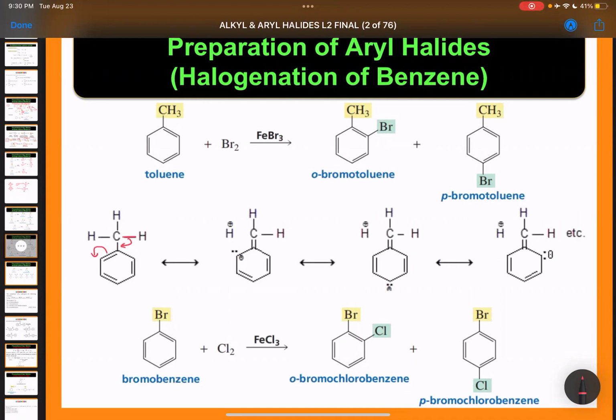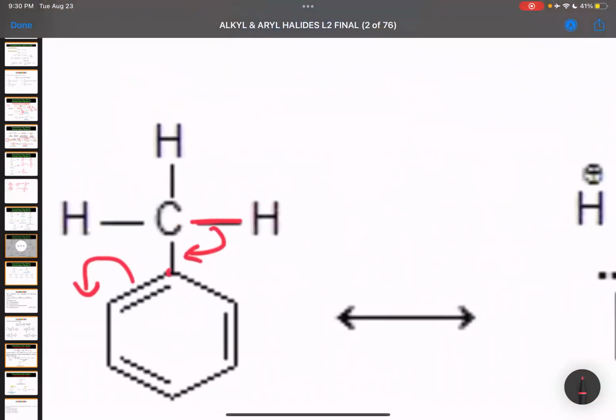Suppose you look at this bond, it is getting electrons from the CH bond. This is carbon, and carbon cannot make 5 bonds. If it is getting electrons from the CH, it needs to make space for those incoming electrons. So what it does is push away this pi bond.